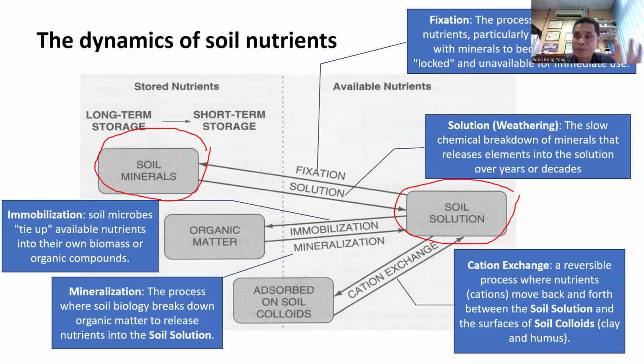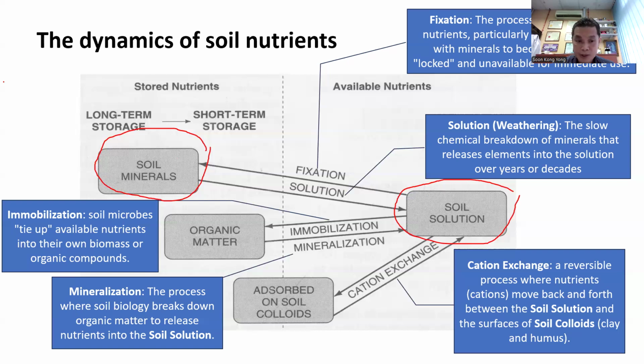When it dries up, the minerals will become soil mineral once again. So this process is a cycle, depending on how much soil water is in the environment. So this is the cycle that defines the nutrients from soil minerals to soil solution.